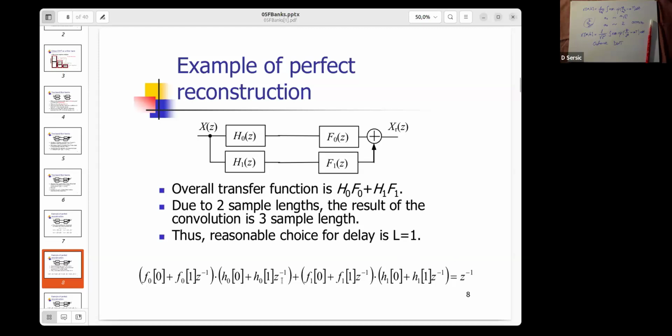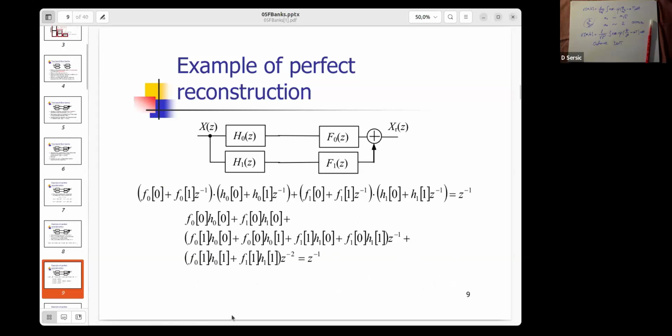By multiplying these 2 binomials, we are going to get 3 terms for the first addend and also for the second addend, and all together it looks like this. By some collecting together, we have that result. It takes 3 rows.